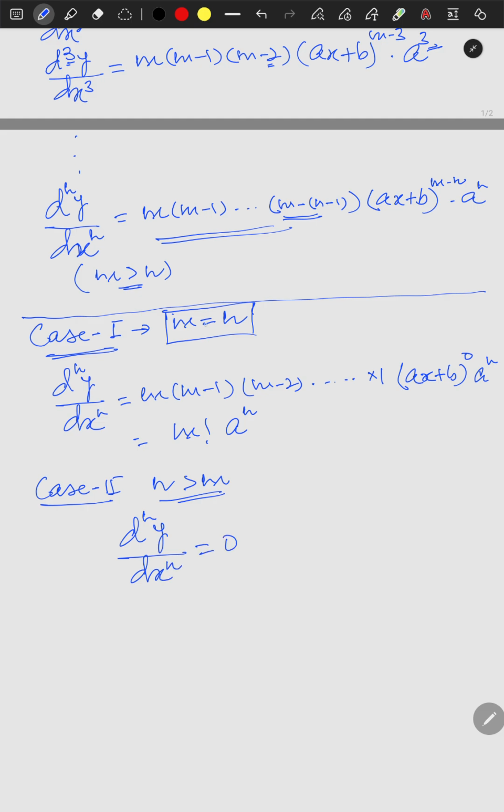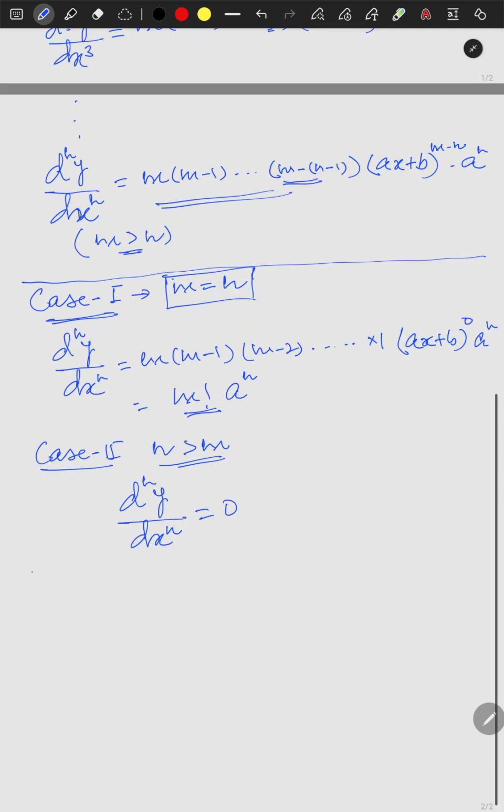Why? Because when m is equal to n, it comes out constant. So if you again differentiate it, it should be 0. So if n is greater than m, meaning the degree of the term ax plus b is smaller than the order of the derivative, it will be 0.